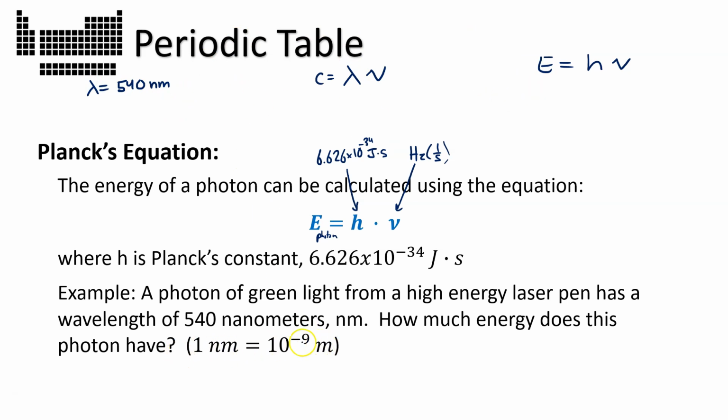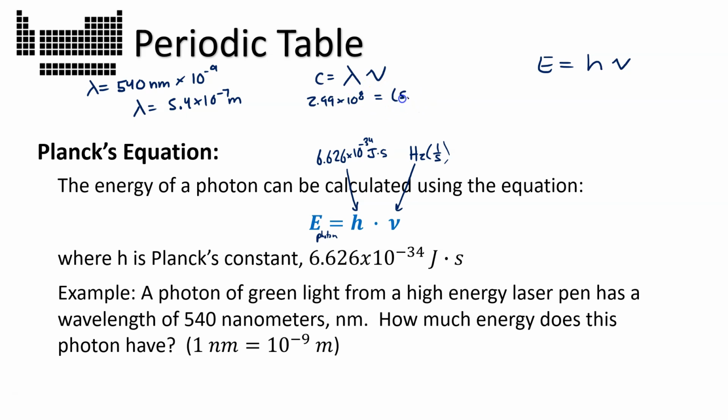The conversion from nanometers to meters, I looked it up, it's right there. I'll just multiply nanometers times 10 to the negative 9th to find out that my wavelength is 5.4 times 10 to the negative 7th meters. Now I can plug it into my speed of light equation. Remember, we know the speed of light is always 2.99 times 10 to the 8th meters per second.